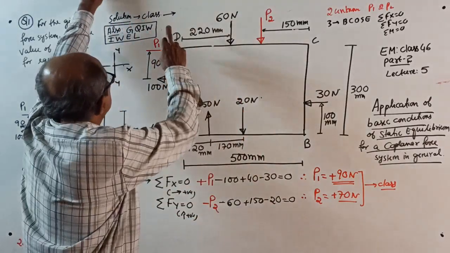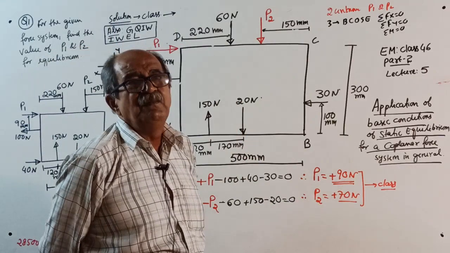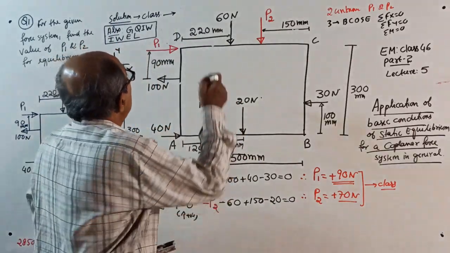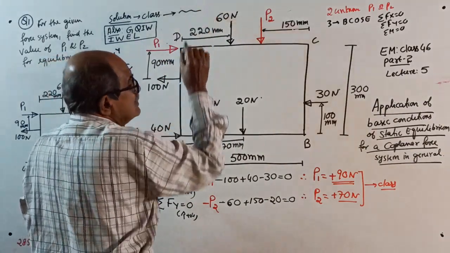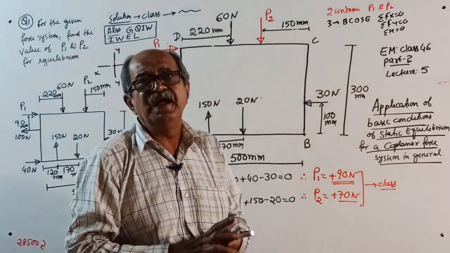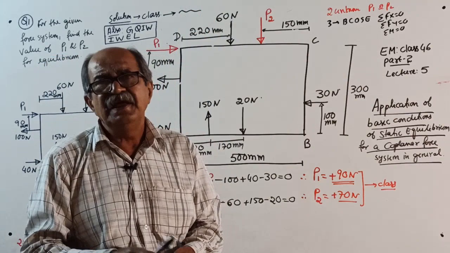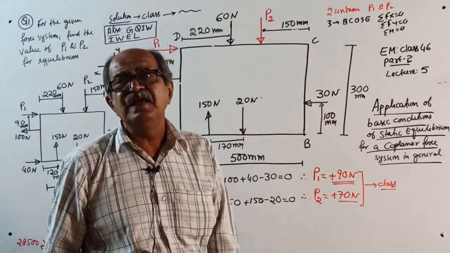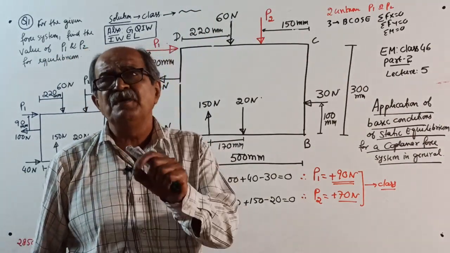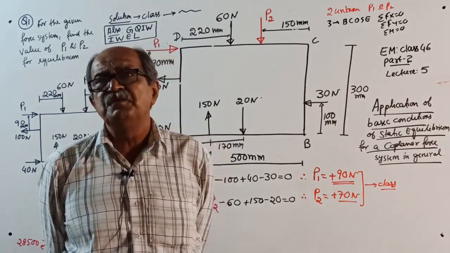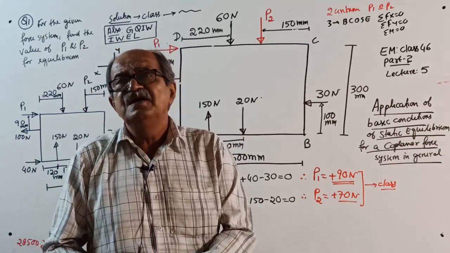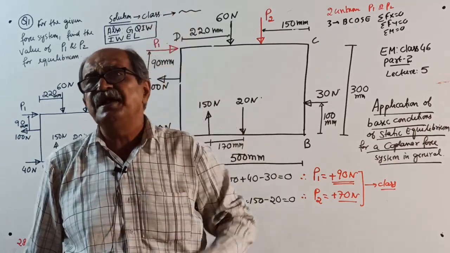First, for equilibrium, whatever I tell, you have to write it, otherwise it will be incomplete. Those who are serious will write everything I tell. As I told you, in the class I am dictating important concepts, whereas I am writing the notes. For equilibrium of a coplanar force system in general, there are 3 basic conditions of static equilibrium.